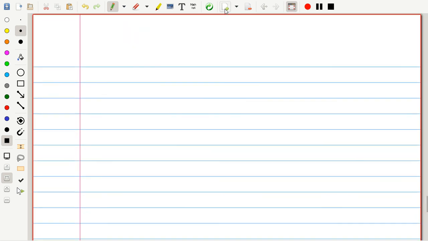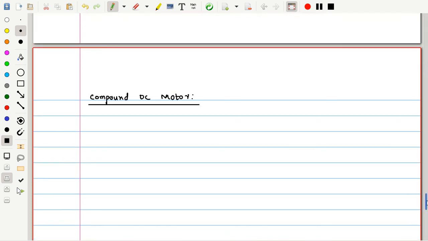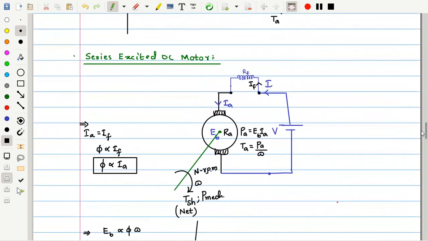And let me quickly complete this compound motor also, which is a simple thing. So, compound DC motor, and for this let me take the same diagram here.